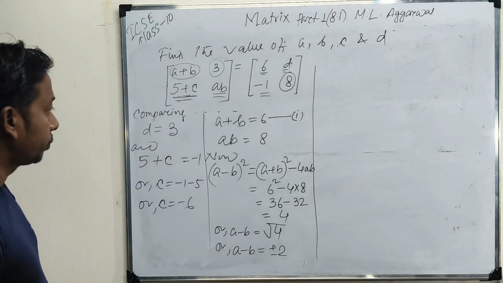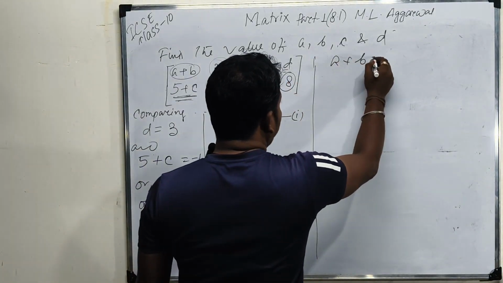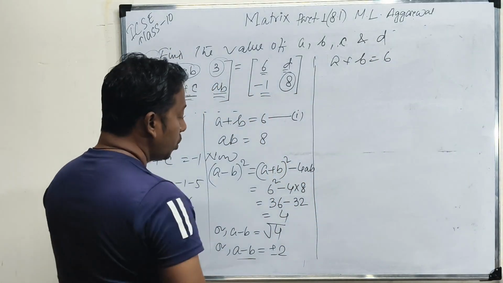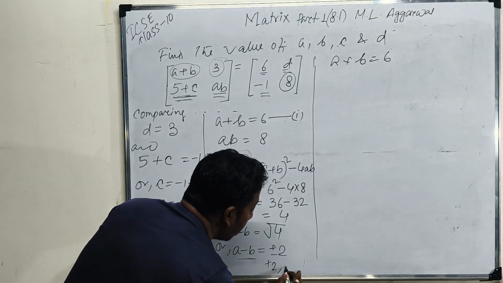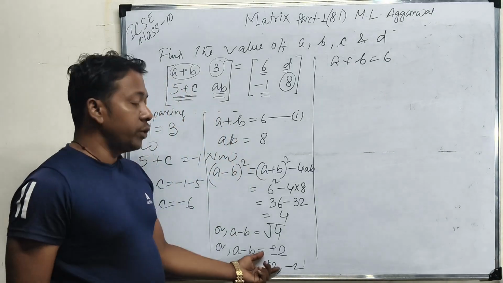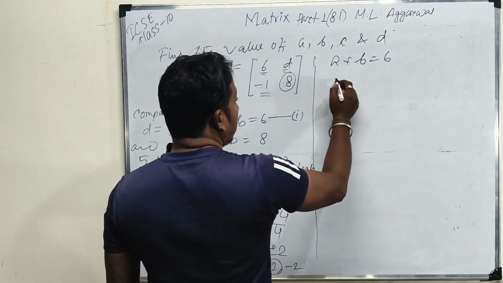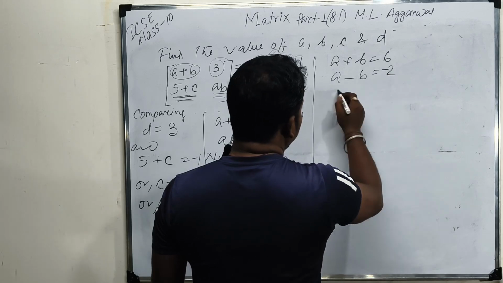So now a plus b equals 6 is given, and for a minus b there are two values, one is plus 2, another one is minus 2. We are taking each value individually. First we take a minus b is equal to minus 2.